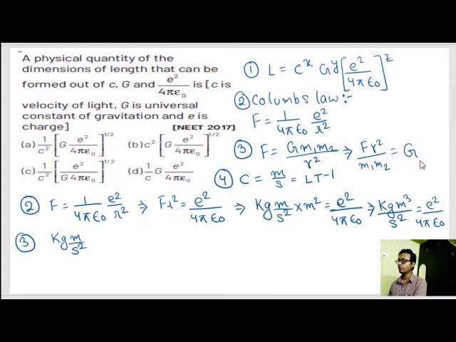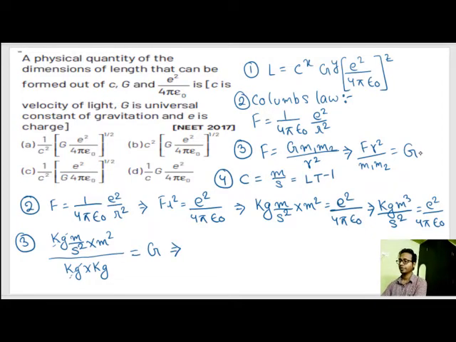See the formula for gravitation, F R square by m1 m2, so force is kg meter per second square into R square, R square is meter square, divided by m1, which is kg, and m2, which is also kg, or kg square. Now this kg and this kg get cancelled.